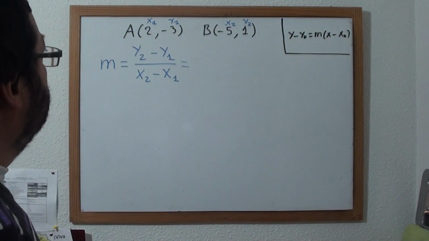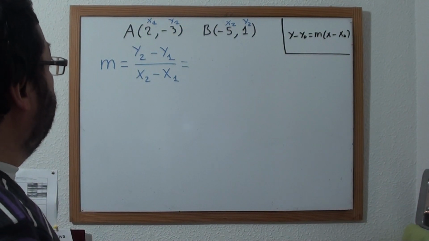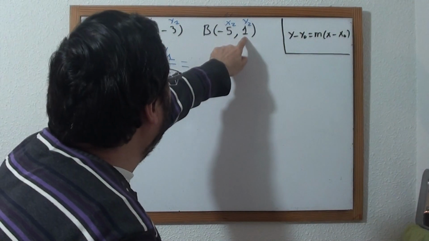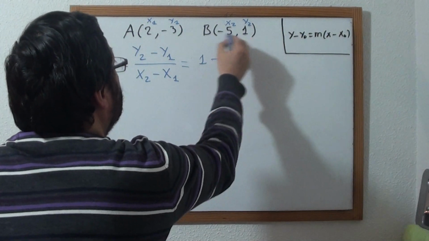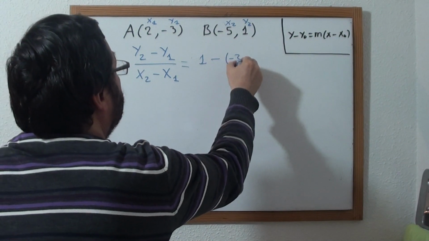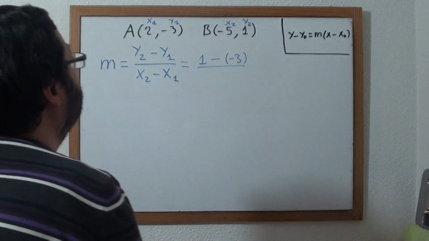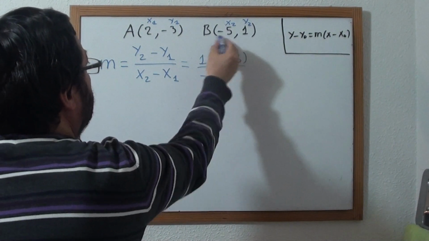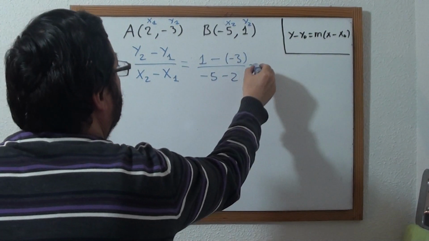Okay, so let's do the calculations here. y2 minus y1, 1 minus negative 3, divided by x2, negative 5 minus 2.